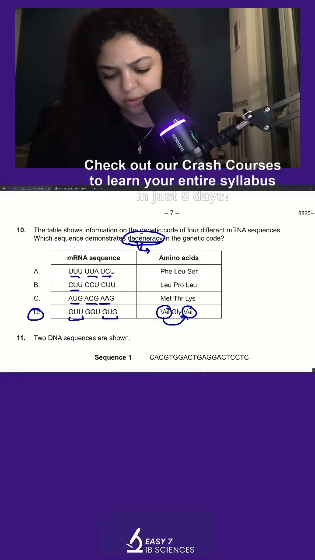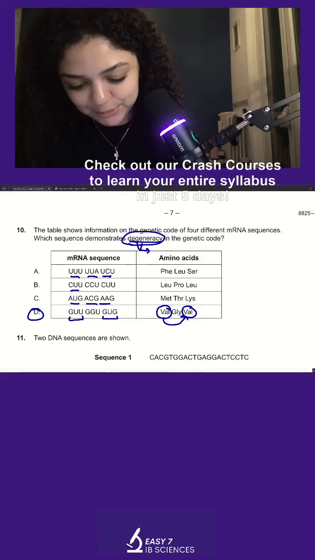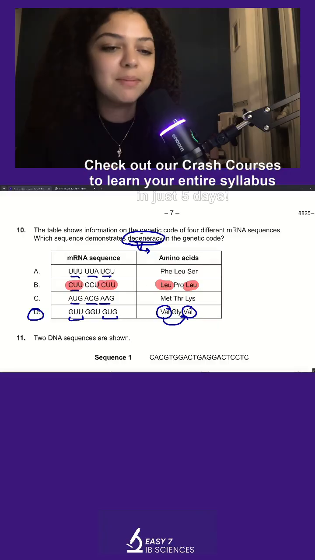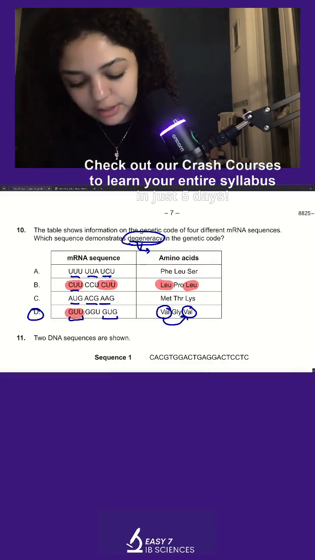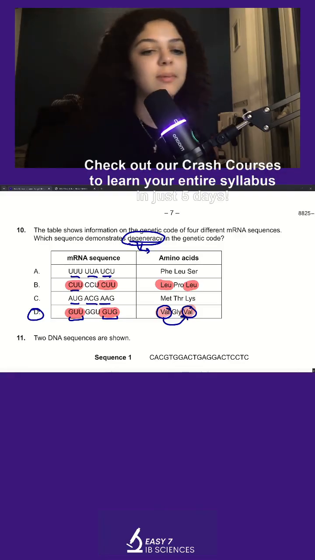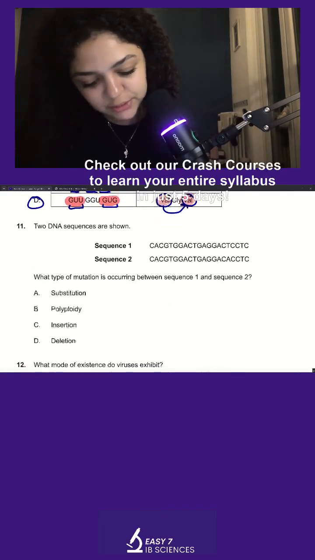Does anyone know why B is wrong? CUU, CUU. Sorry, guys, it's been such a long day. It's the same exact codon, and therefore it makes sense that it's coding for the same amino acid. But here, it's different codons coding for the same amino acids. Sorry about that, guys. Yeah, exactly. Good job. Perfect. So D is the correct answer for that.